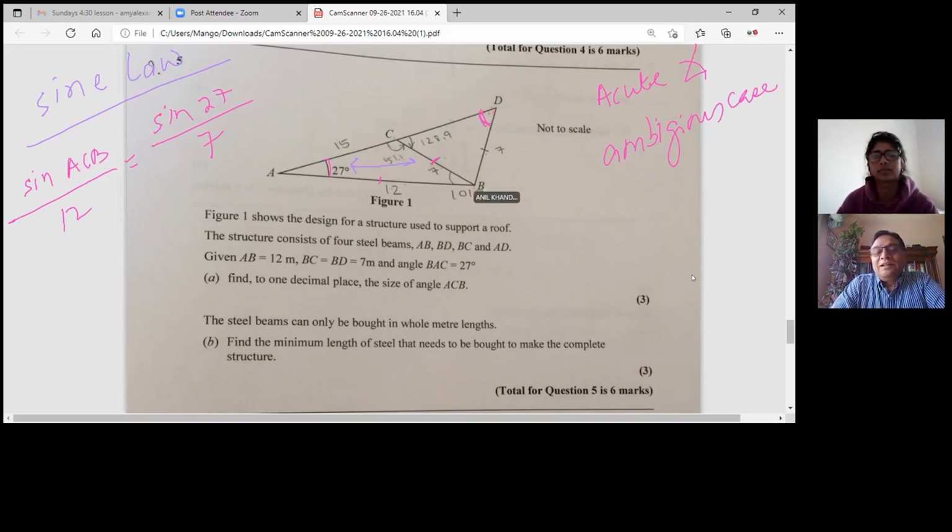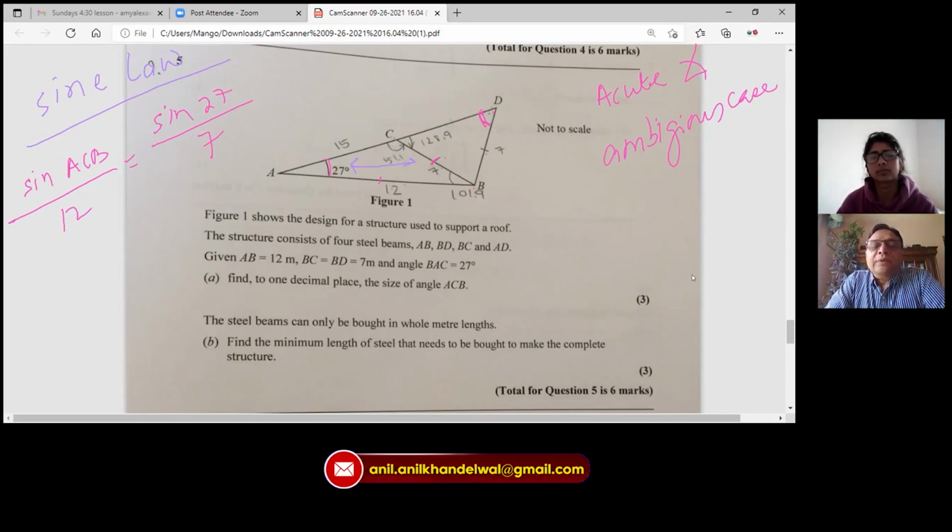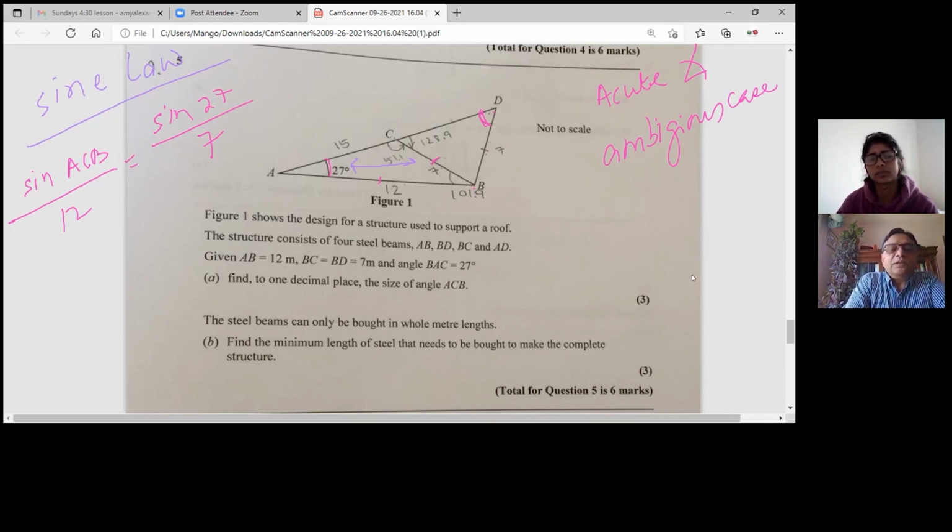They have actually given you a hint here. Hint is that from B, I can actually make 2 triangles, correct? So when you use sine law, you will get an angle, right? But think about it. This is your formula when you apply to the triangle ACB, right? Is that clear?